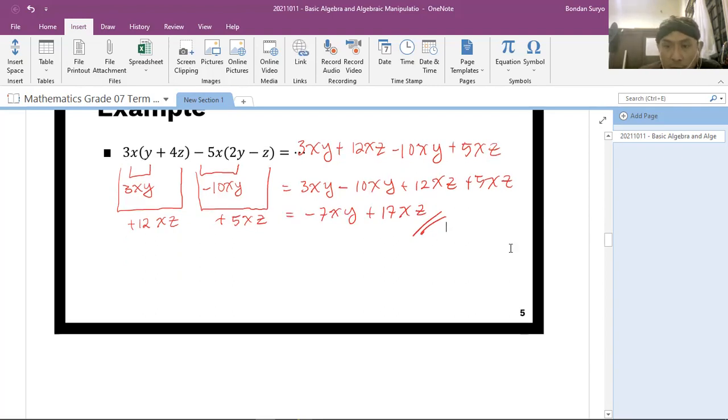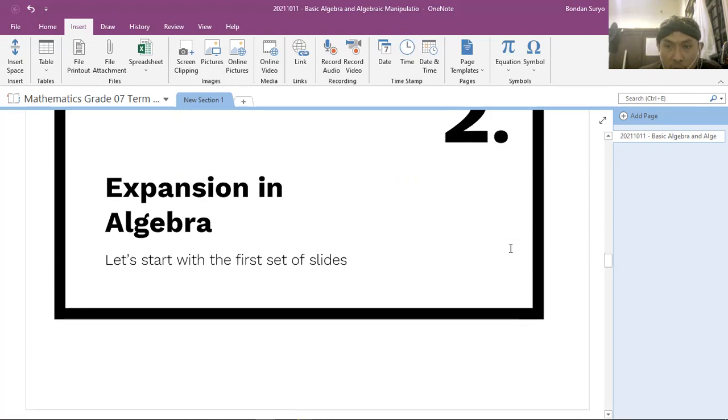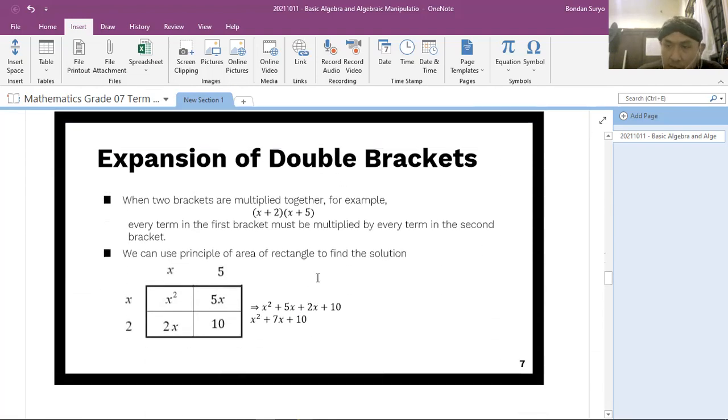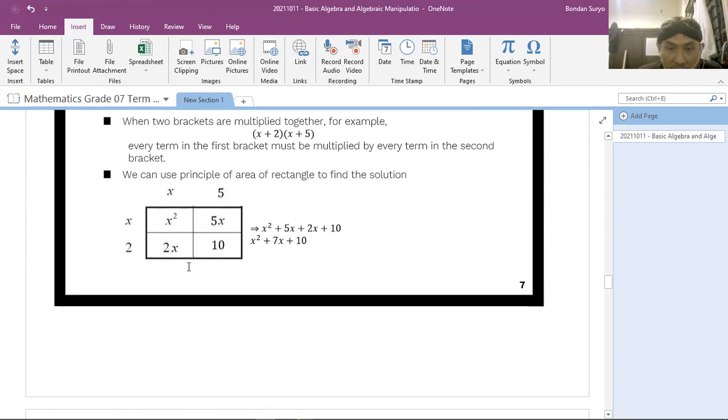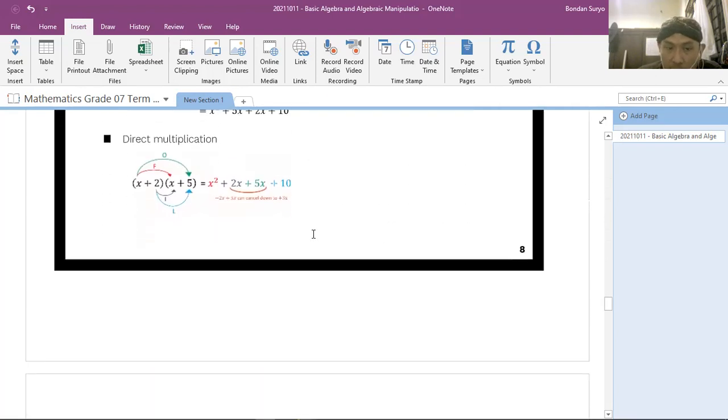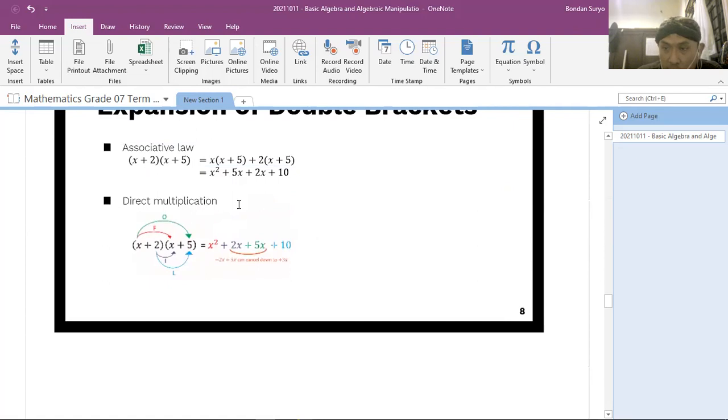Now we go on to double brackets. You can see these methods. We can use the principle of the area of a rectangle, or the associative law, or direct multiplication.